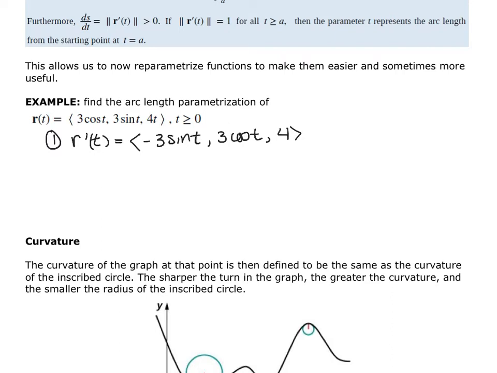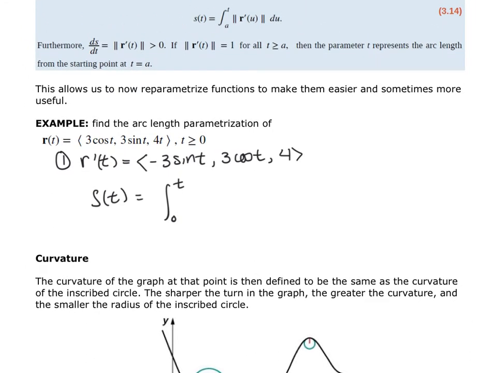And now I'm going to set this up so that s of t is equal to the integral from 0 to t, because this is my a, and if you look at my formula up above, my lower bound is a. In this case, my a happens to be 0.